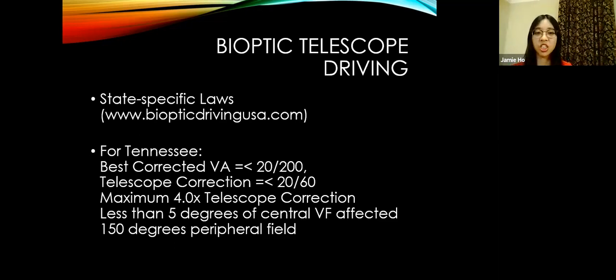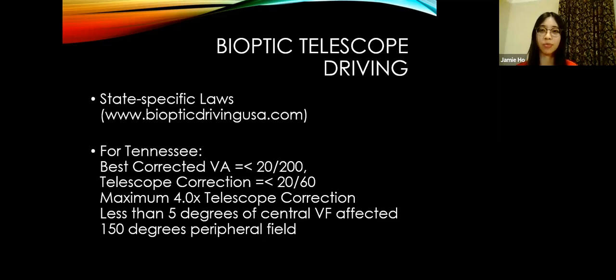The telescope correction, so when they're in the telescope, they have to be able to see 20/60 or better. Maximum 4 times telescope. Every state will have a different requirement for the maximum magnification they can use in the telescope. Also for Tennessee, less than 5 degrees of central visual field affected and a full 150 degrees peripheral field.